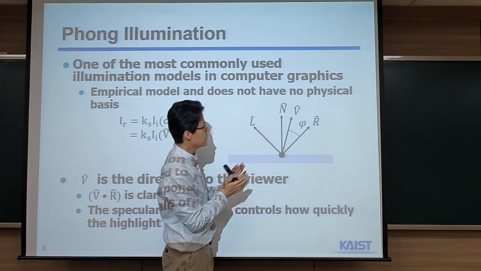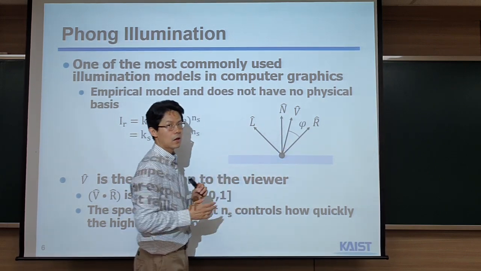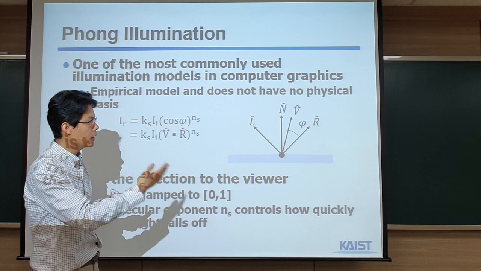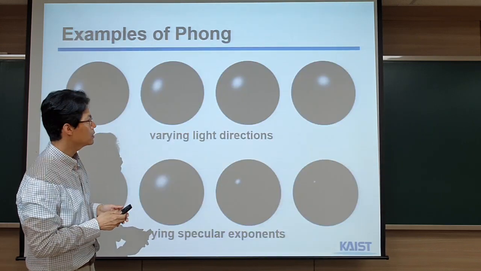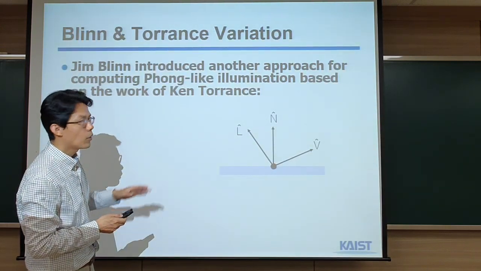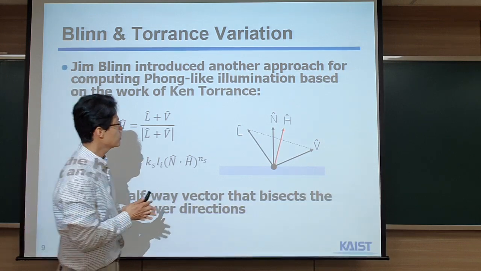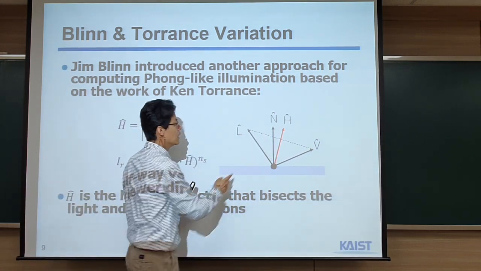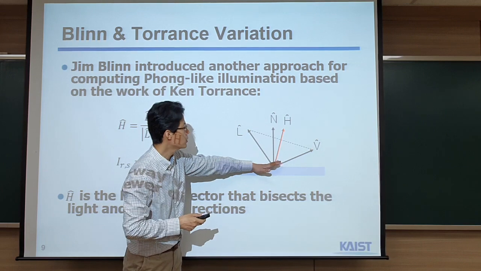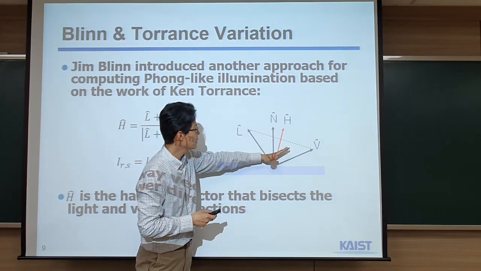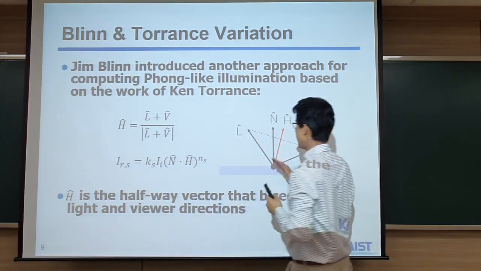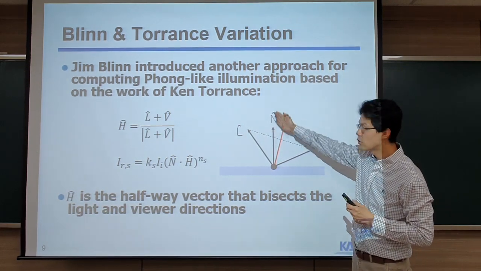So if we compute the R vector, by measuring the angle between the V vector and R vector, we compute how much highlight we can receive, right? But here we avoid computing the R vector. Instead, we compute the H vector, and in that case, if the V vector is aligned with the ideal R vector, then the halfway vector H should be aligned with the normal vector, right?